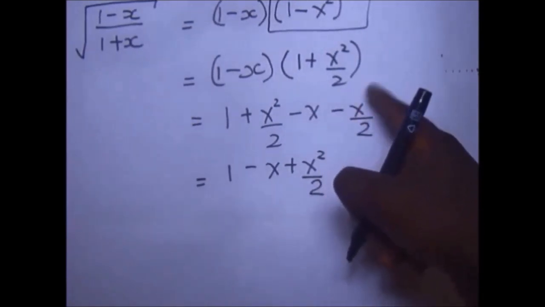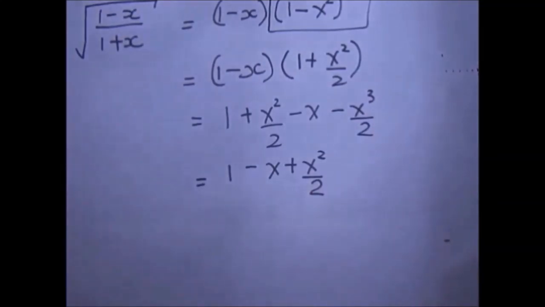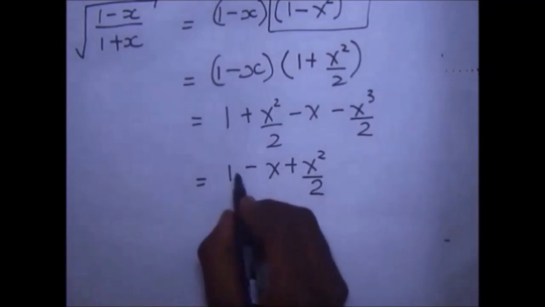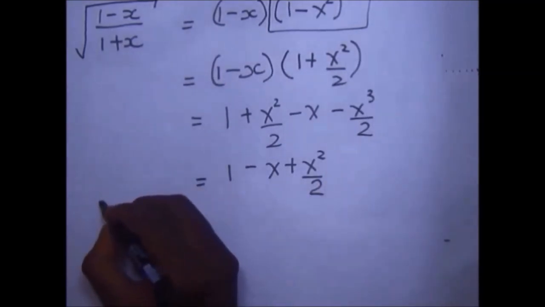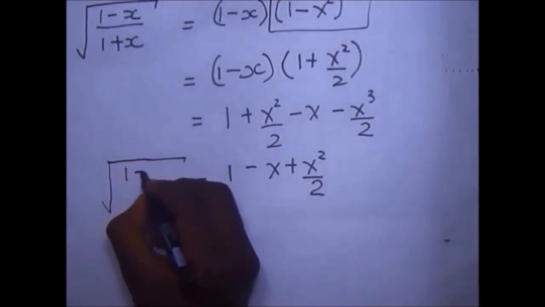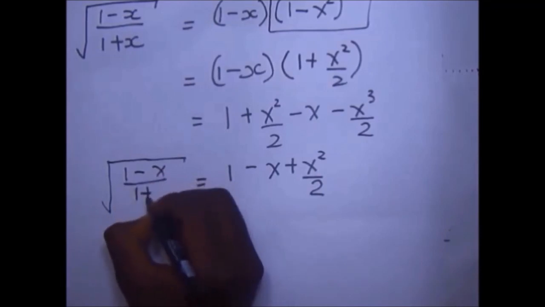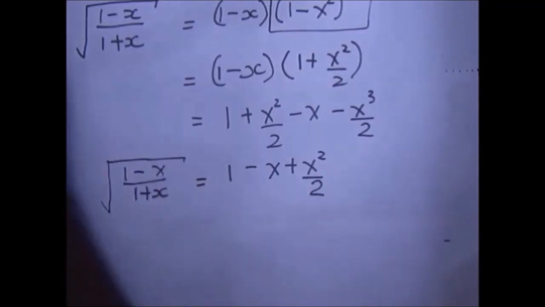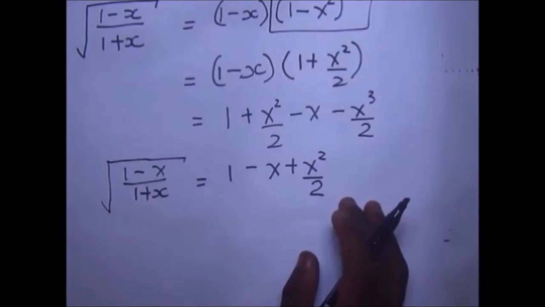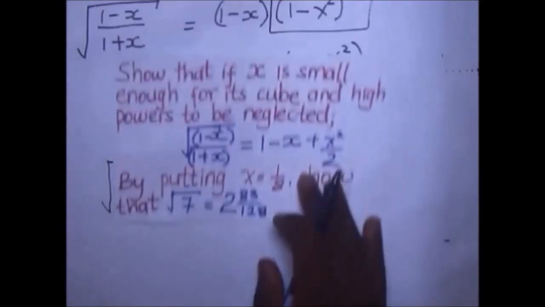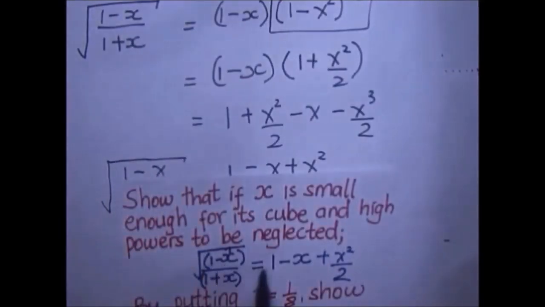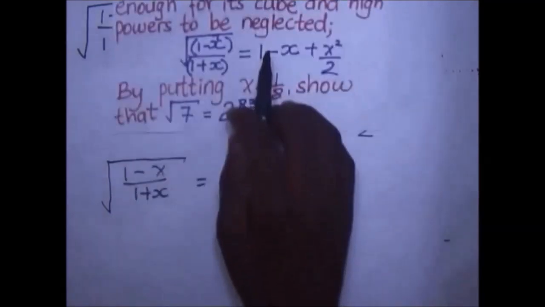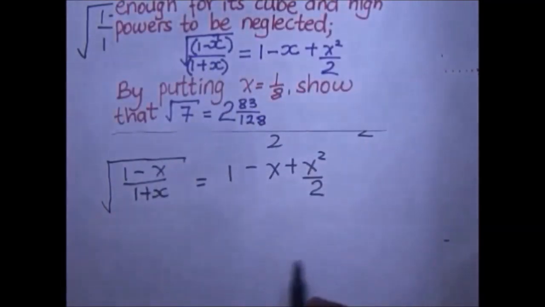We ignore this because the question is still telling us that the cube and the higher powers can be neglected. And so in essence, here we have shown that (1 - x)/(1 + x) is equal to that. We have shown what is required in the question: show that this is equal to that. And we have shown it there.